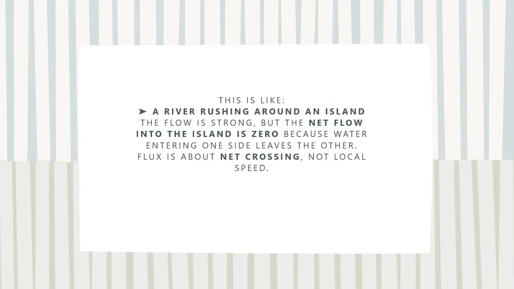So use this analogy of a river rushing around an island, or through an island. The flow can be strong, but if I'm asking you about the net flow in and out of the island, it would be 0 because what comes in comes out, right? That's what flux is about. It's about what is the net crossing and not telling me about the speed or the strength of what is crossing.